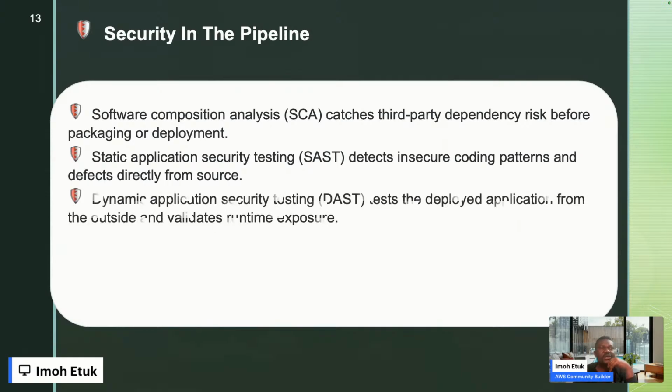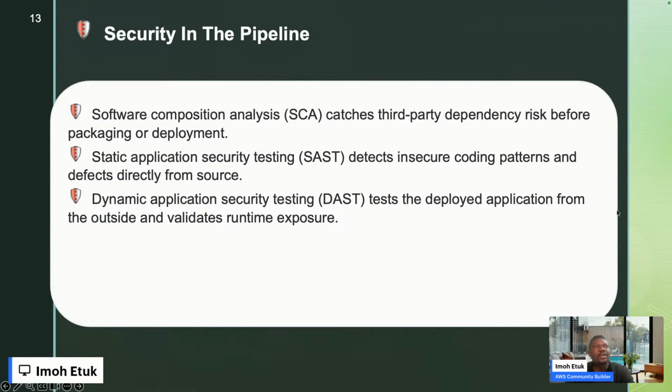You can have something like that. Dynamic application security testing, DAST, tests the deployed application from the outside and validates runtime exposure. It comes at the staging environment. That is a kind of pre-production environment interface.